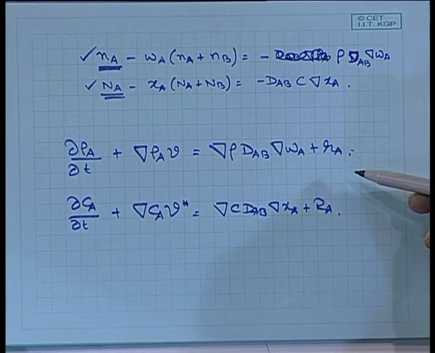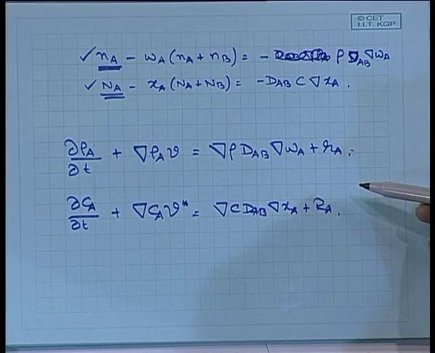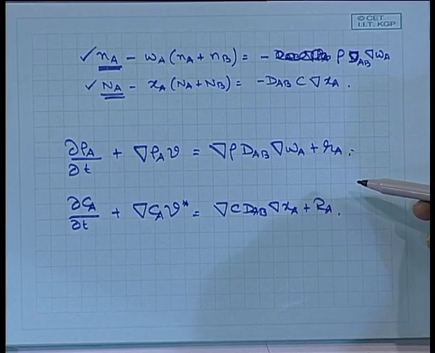So, one can use either of these depending on the situation that we are going to deal with. The only restrictions on these two equations are the absence of any other diffusion mechanism that I have discussed before. So, there is no pressure diffusion, no thermal diffusion, etc. That is the only restriction we have on this system.